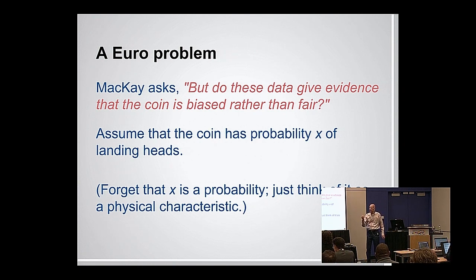This coin has a weight and a diameter and a thickness, and it has some probability x of landing head side up. And we're going to try to estimate what that value is. We're going to try to estimate what x is. But we're going to have probabilistic beliefs about x. We're going to say things like, I think there's a 50% chance that x is 0.6. That will be confusing. So brace for it.